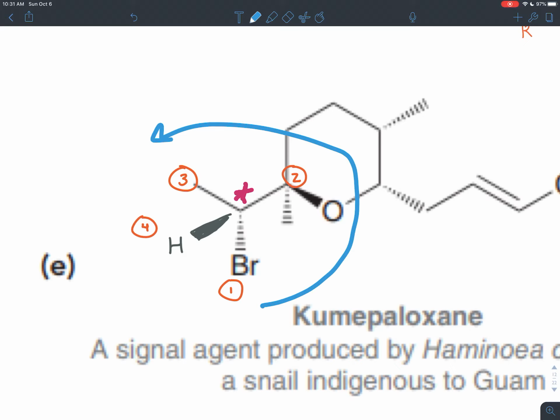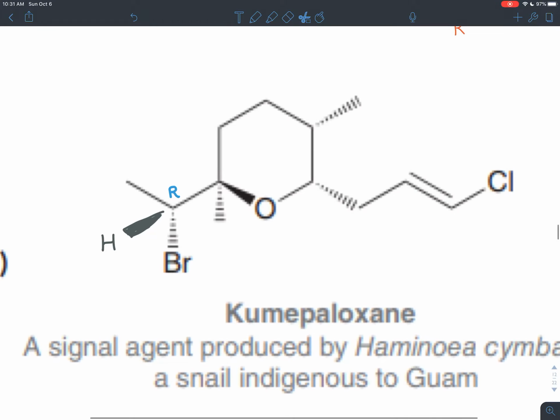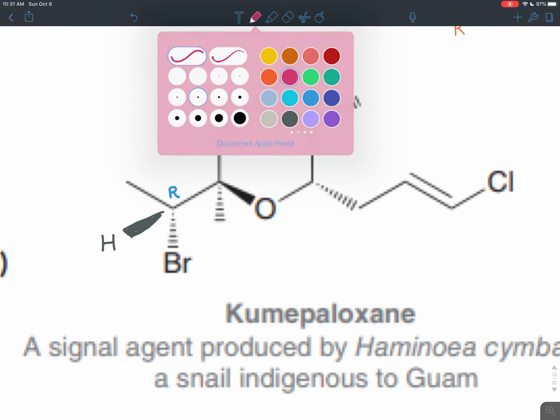And because of that, you would think that this would be the S configuration, the left-handed version. But because 4 is coming out at us, you switch that, and it's actually the R configuration. This is the right-handed version of this chiral center. So that's our first chiral center.